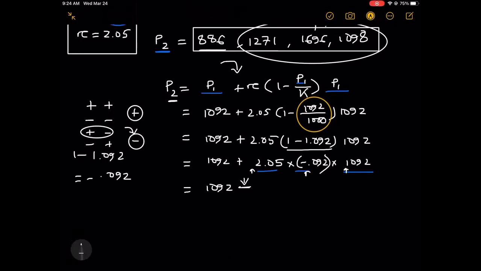Now, what's the product of these three? Those who got this wrong, it's your chance to make these things clear. Negative 205.95, I think.